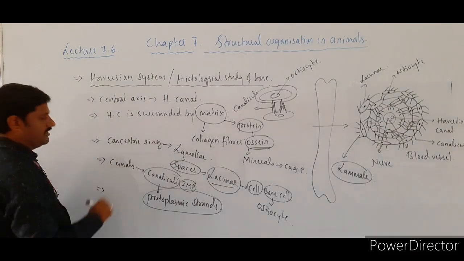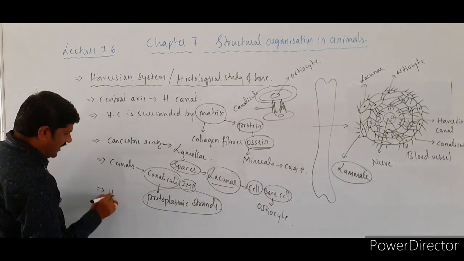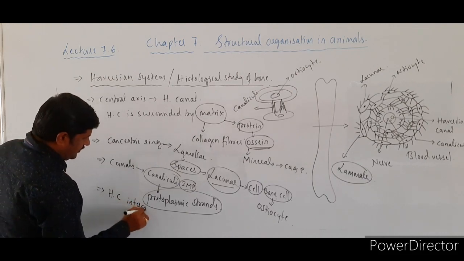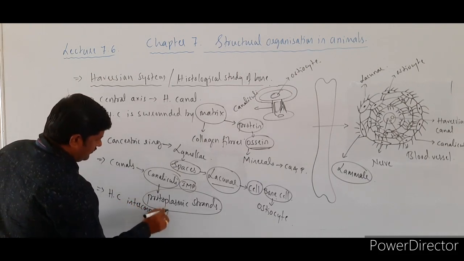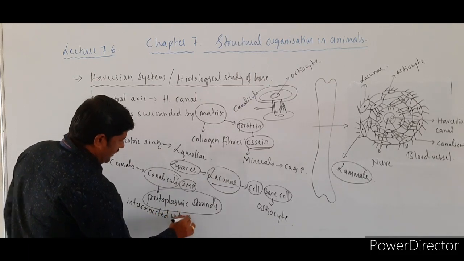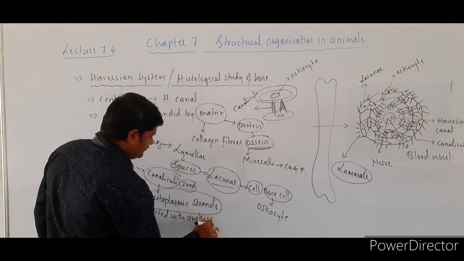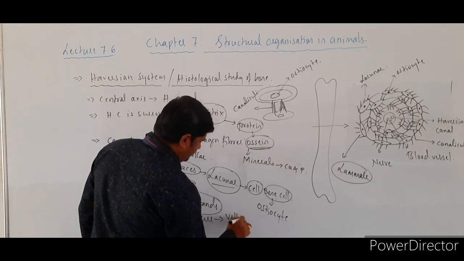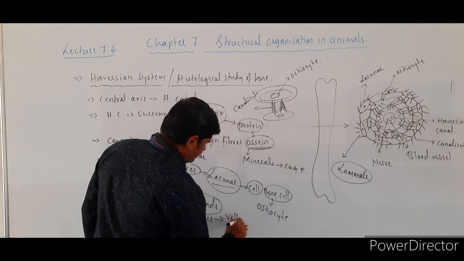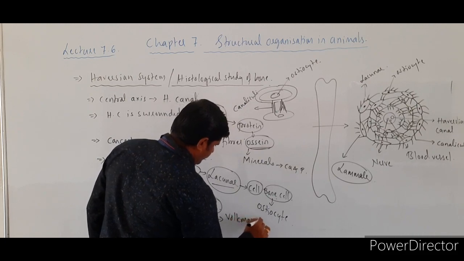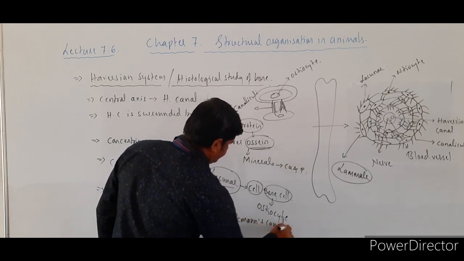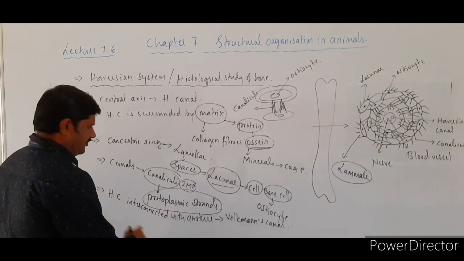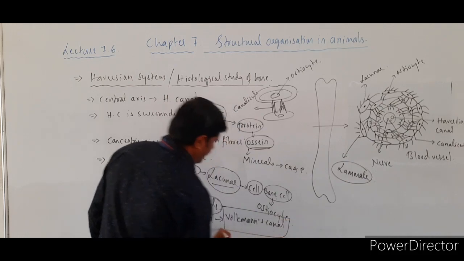Here, what are interlinked? One Haversian canal is interconnected with another through Volkmann's canal, right? Volkmann's canal. This is a more important point to be noted over here, right?